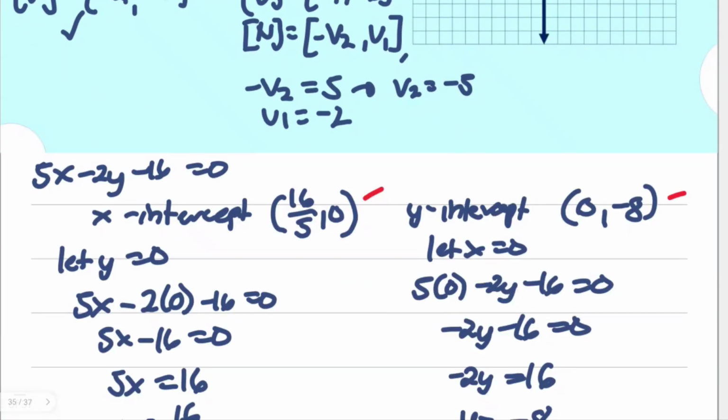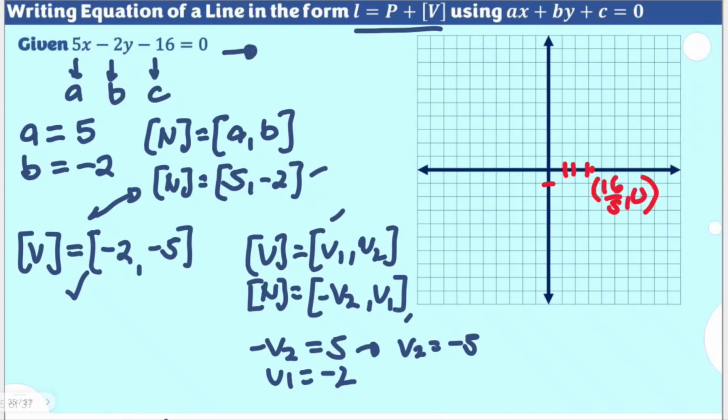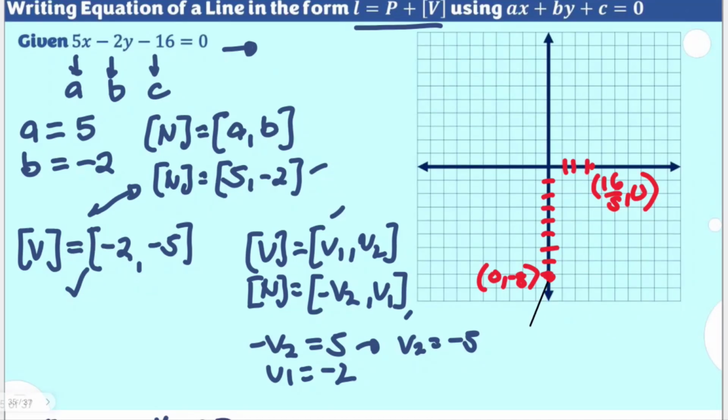And the y-intercept is 0 and negative 8: 2, 3, 4, 5, 6, 7, 8. This is 0 and negative 8. And if we draw a line connecting them, I hope I could connect them in just one trial. No, I can't, so let's do it again. Let's just assume that it is accurate.